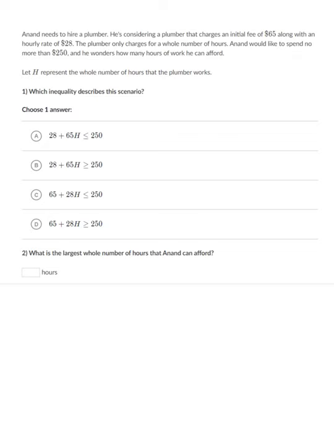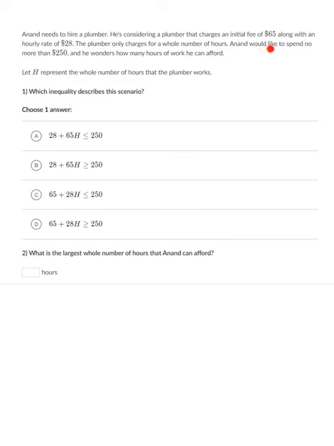All right, here's a word problem. Anand needs to hire a plumber. He's considering a plumber that charges an initial fee of $65, along with an hourly rate of $28. The plumber only charges for a whole number of hours.